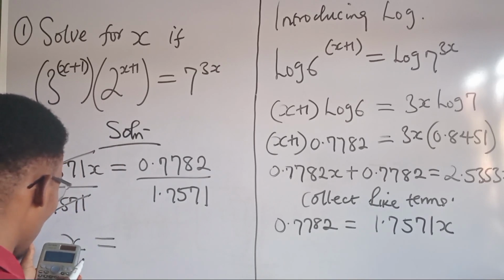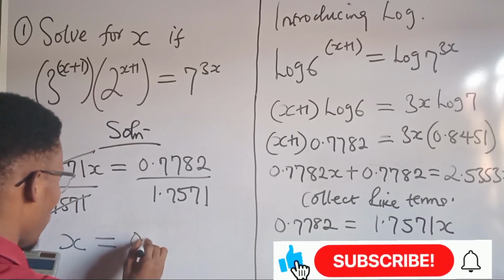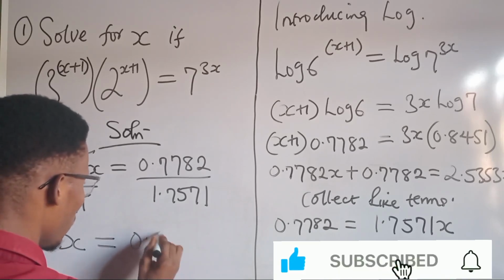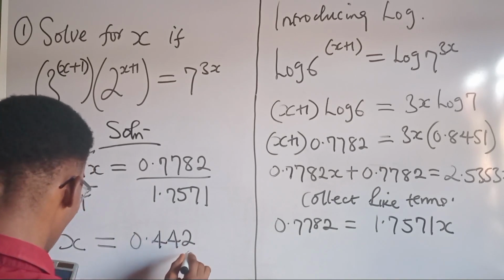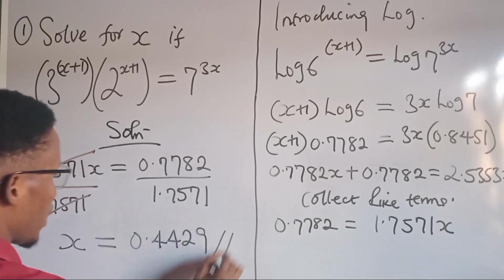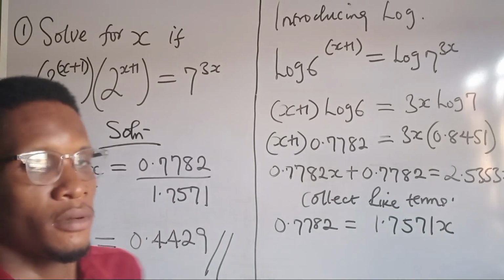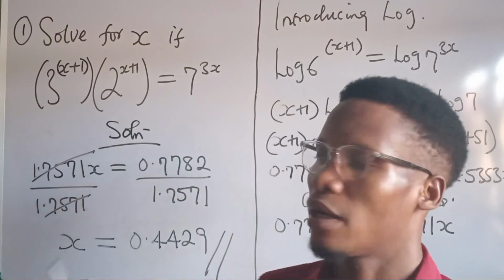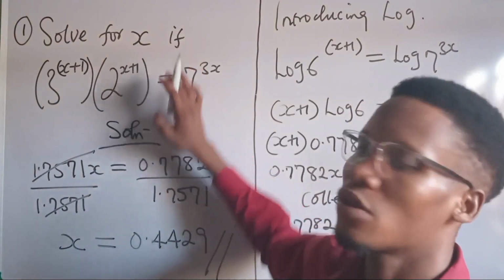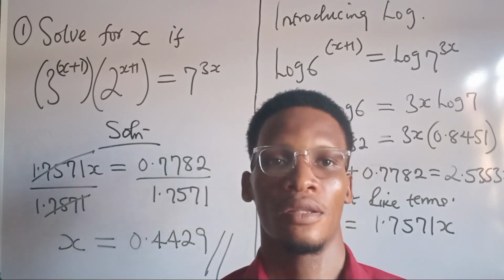I'm going to have 0.4424429 as the answer. This is what you need to do in order for you to get an answer when this question is given to you. Okay, thank you very much.